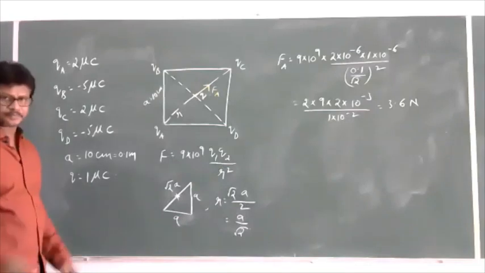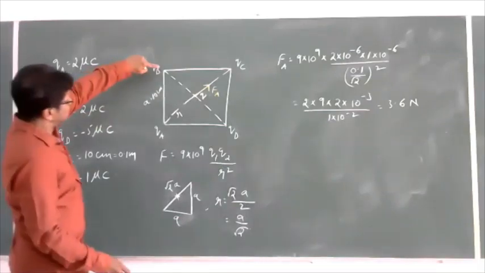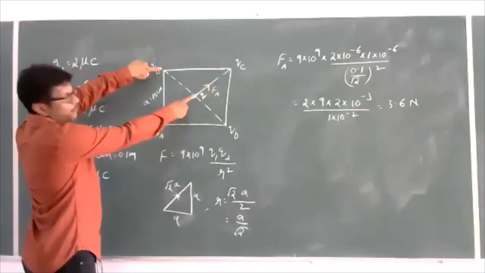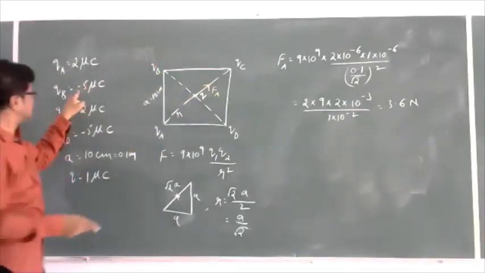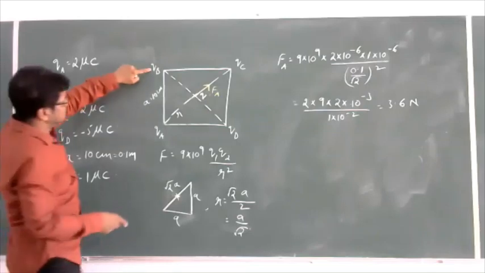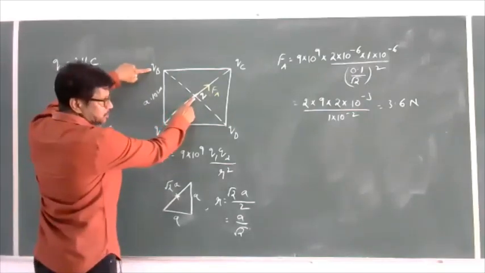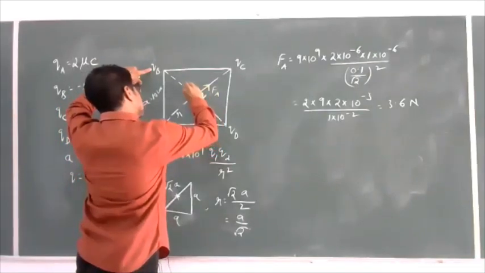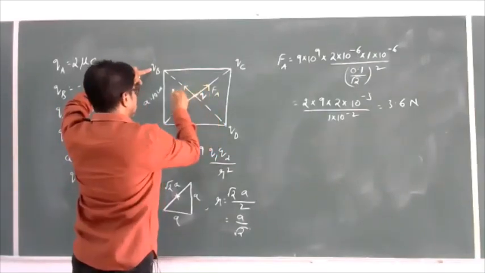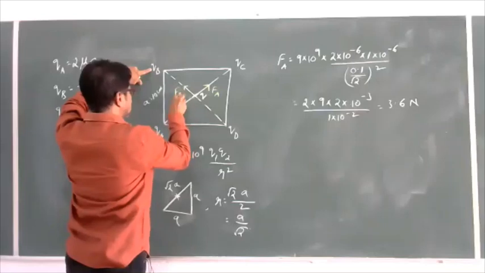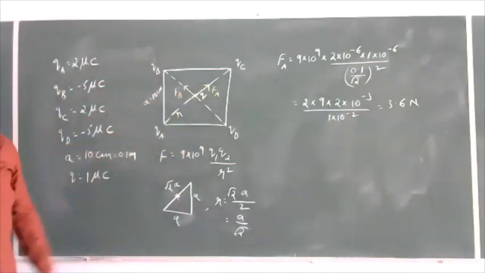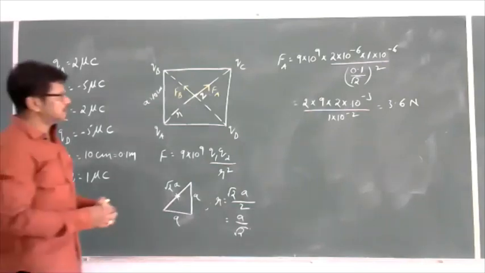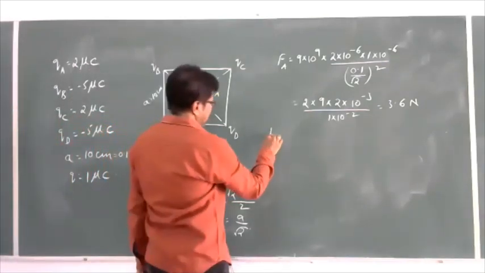Similarly, because of QB, one more force will act. But here QB is negative, so this is negative and this is positive. Then in what direction will the force act? In this direction, the force will act, which is FB.